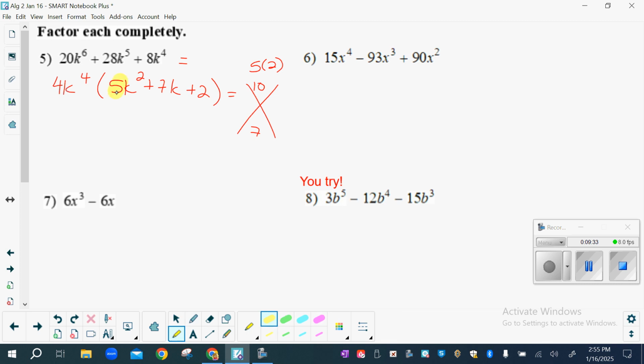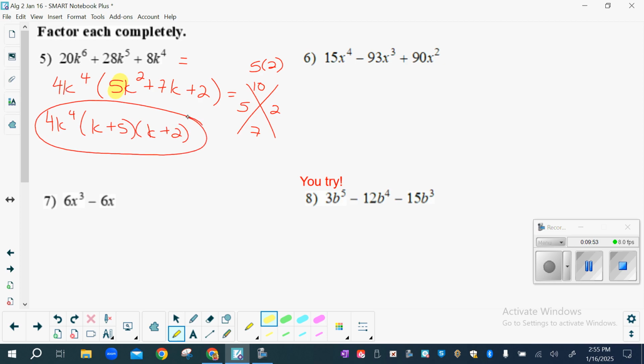Because this has a coefficient other than 1, we multiply the 5 times 2. So now what multiplies to 10 that adds to 7? 5 and 2. So 4k to the 4th times k plus 5 times k plus 2.